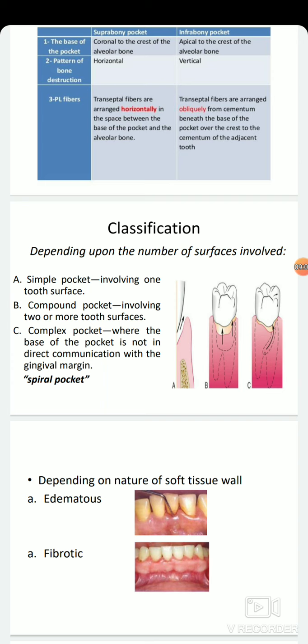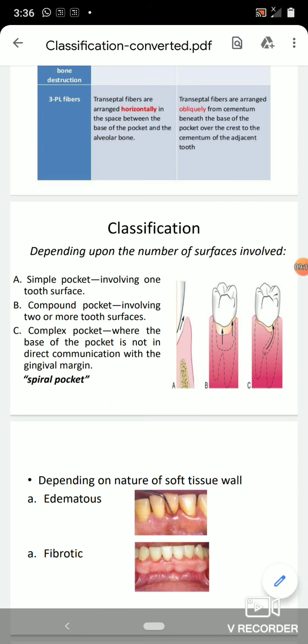Compound pockets involve two or more tooth surfaces, and complex pockets are spiral pockets where the base of the pocket is not in direct communication with the gingival margin. Spiral pockets are more seen in endoperio lesions.